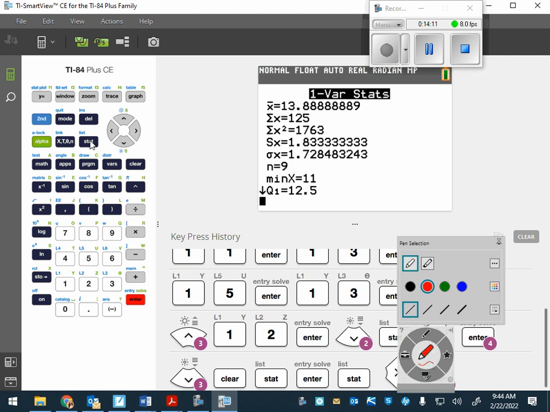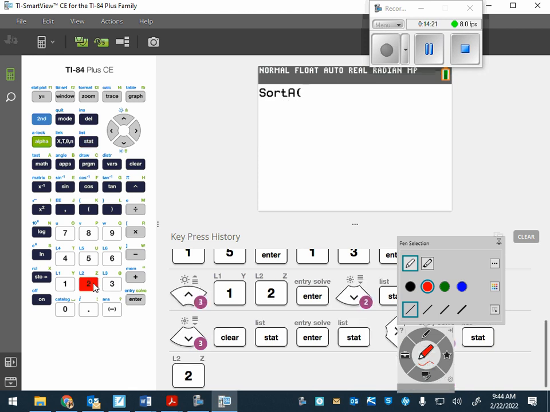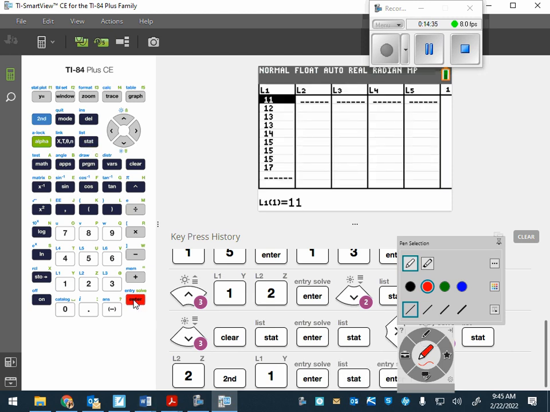So if we go back to stat, where it says sort, number 2, sort A, then you're going to do second 1, which is L1, hit enter. Now go back to your list. Stat, edit, it's in order. And that's how you could see where the mode is, especially if you have a large data set, okay?